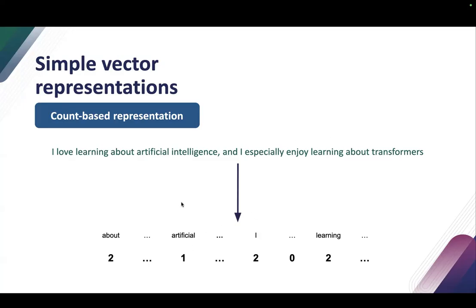I have artificial once, so I'm going to put 1 here, and then I have I twice, so I'm going to put a 2, and so on. It's a little bit more efficient because you're squeezing the whole sentence into one vector, but it's still going to be very sparse. And you also lose track of the order of the words in this sentence.